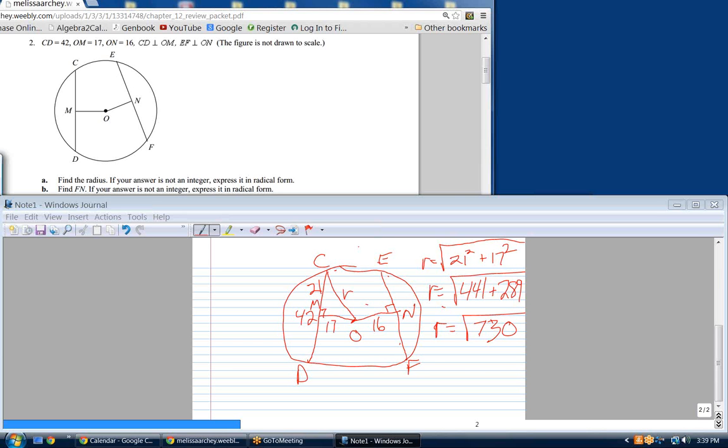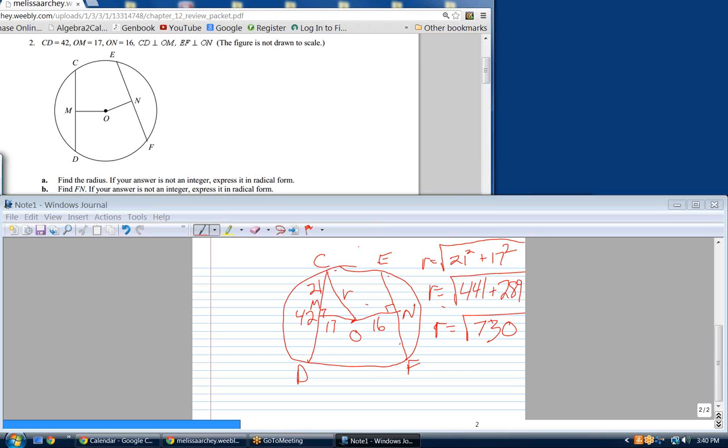And this doesn't seem to be divisible by anything. 64. No, if it was divisible by 64, it'd be divisible by 16. So I guess this is the square root of 730. That's the answer. All right.